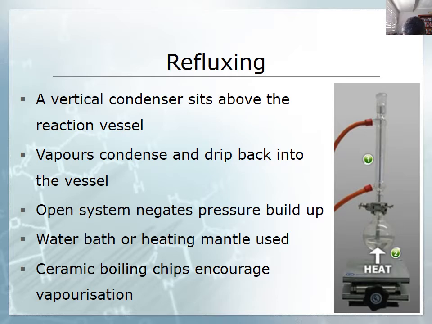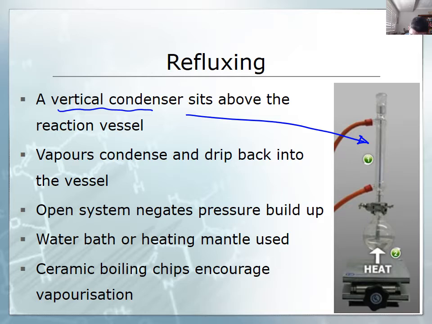Effectively, this is about having a vertical condenser. Where we have previously looked at condensers sitting horizontally or at a slight angle, as the gases that pass into them cool in the condenser and then drip into another place as we separate those off, which is our normal distillation process, in this particular process the condenser is actually vertical.